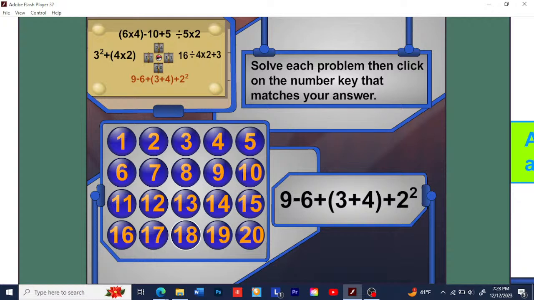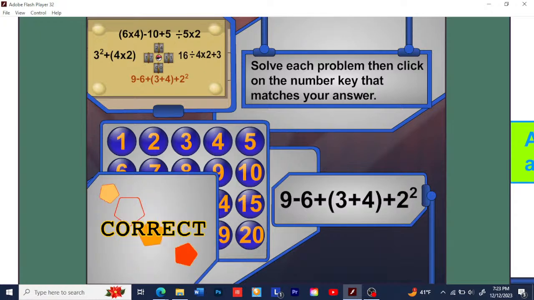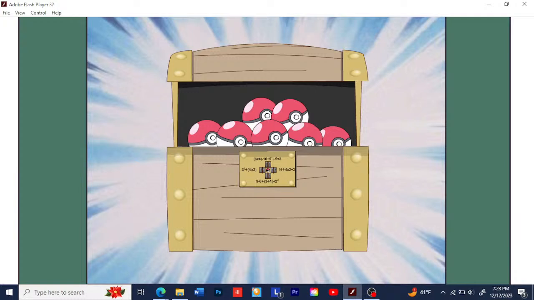Click on the key that matches your answer. Great work! Awesome job! Yes! Let's take the Pokeballs back to Professor Oak, but leave the box here to fool the thief.